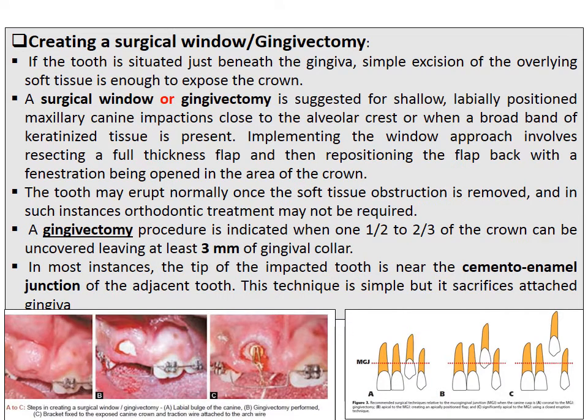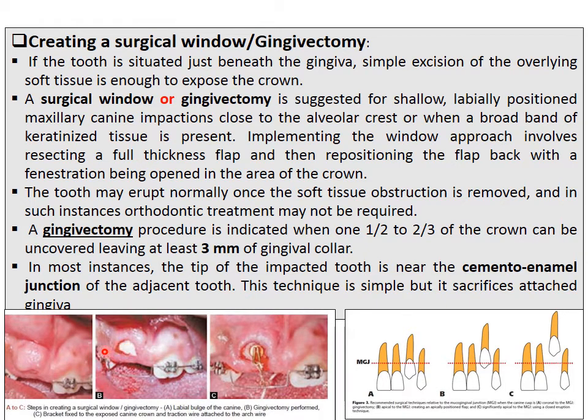In this slide we are going to discuss in a little more detail the gingivectomy or surgical window. If the impacted tooth, labially or buccally situated, lies just beneath the gingiva, simple excision of the overlying soft tissue is enough to expose the crown. If you look at this picture, the tooth is here, this is the bulging, so just by performing a gingivectomy of this area we expose the crown and then apply the auxiliaries for orthodontic traction.